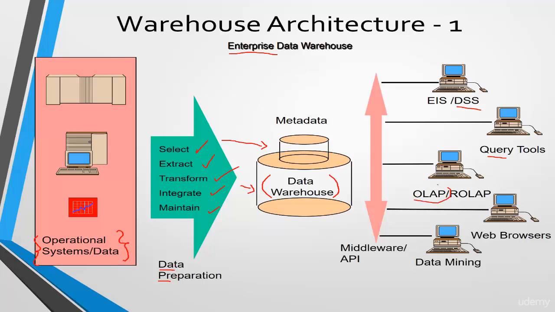And you also have the OLAP, which is online analytical process. It can be connected to multiple web browsers within the organization to extract the data, and you can also use it for data mining. Like the output, I mean, once the data is there, once you consider this as the centralized hub, then there are multiple possibilities on which you can extract the data, right?